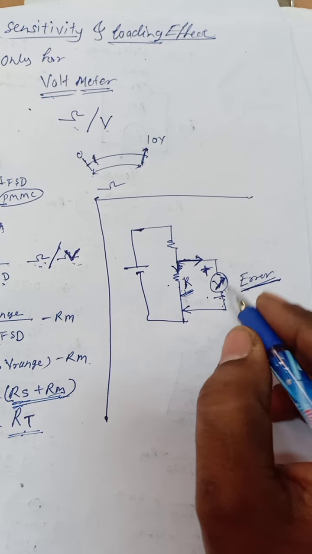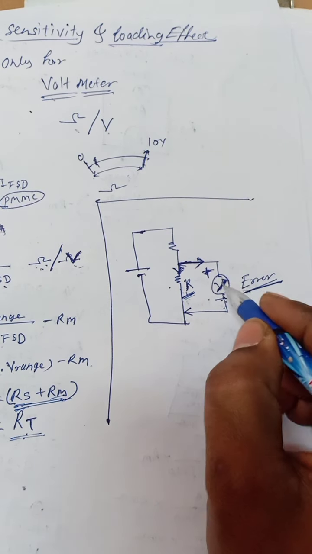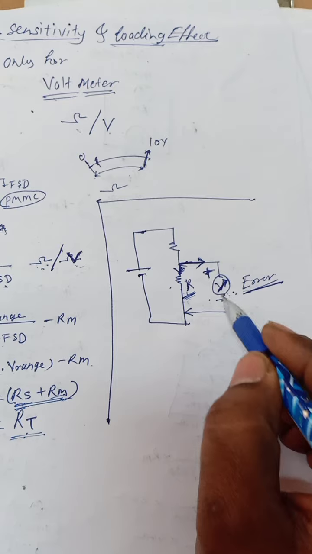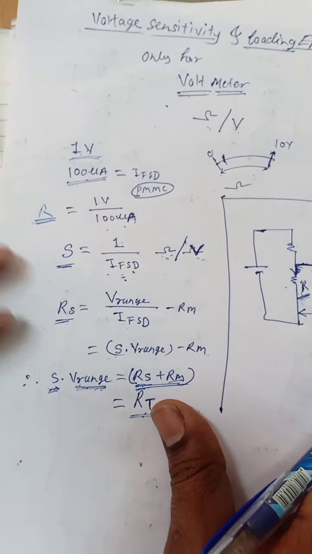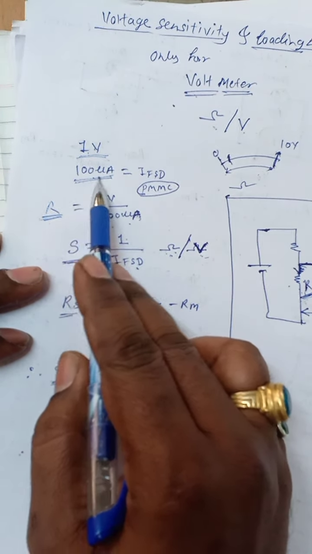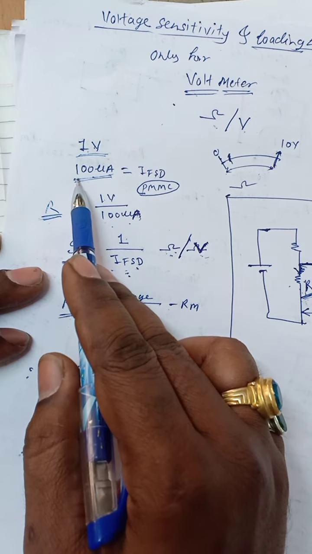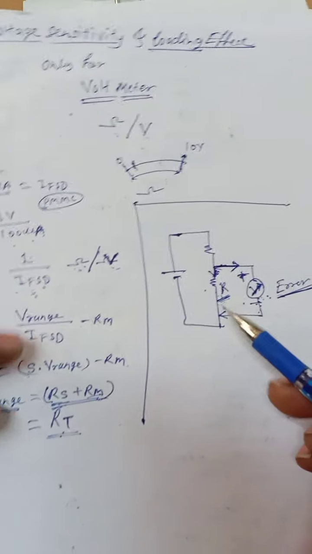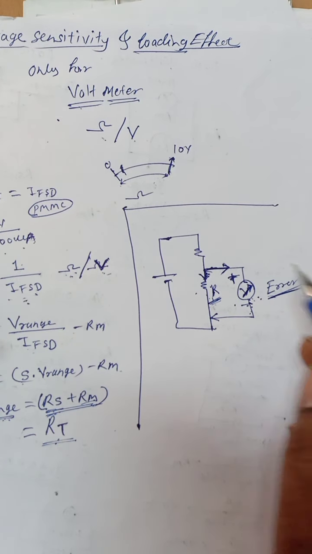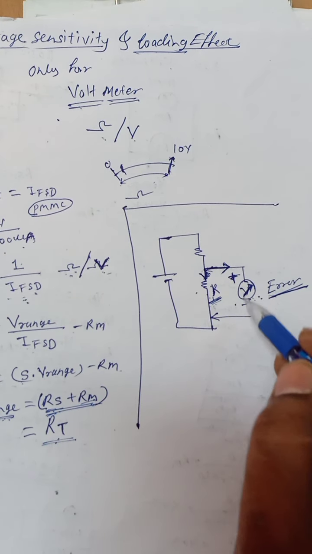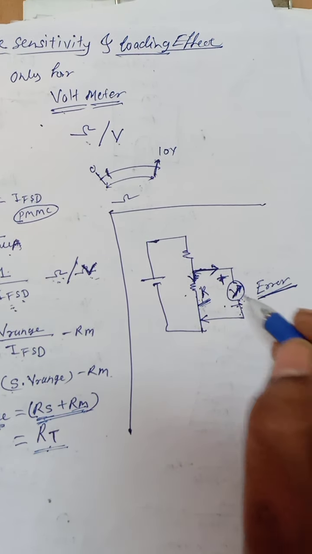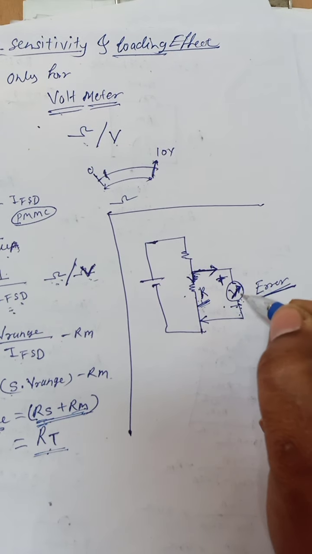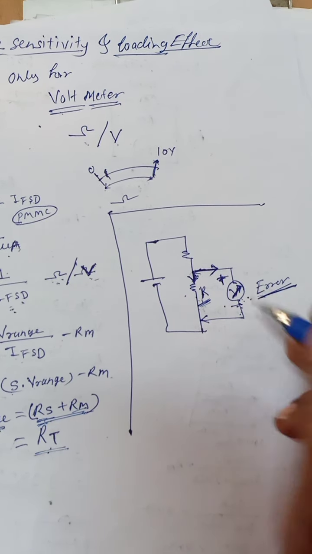We know that for a deflection in the needle, it requires to draw, as an example, 100 microampere current. So suppose this is the meter which requires some current for the deflection purpose. There is a needle, and for deflection of that needle we require some current.